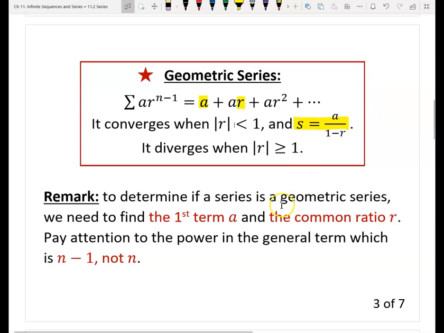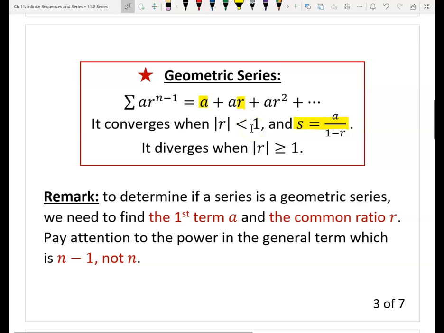All we need to find the sum: first, we need to determine whether the series is geometric or not. So we need to find the first term, which is a, right? In the formula we have a, and we find the common ratio, which is r, and we have r in the formula. And of course we need to make sure this r belongs to between -1 and 1.